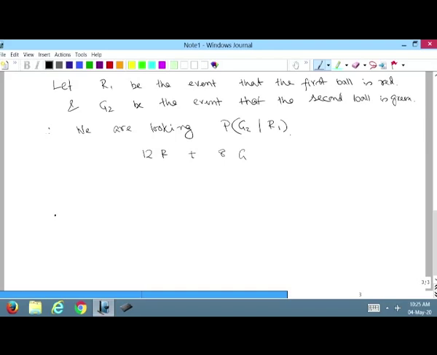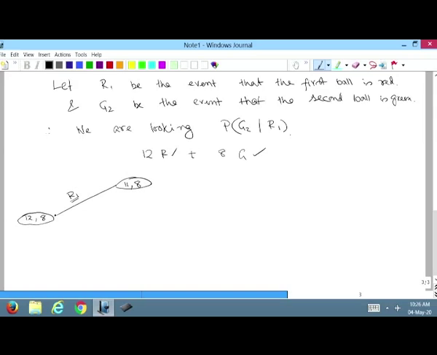Suppose the first one is red, then after taking out the first ball, the configuration of the bag is going to be 11 R plus 8 green. As you can understand, we started with 12, 8, where 12 is the number of red balls and 8 is the number of green balls.